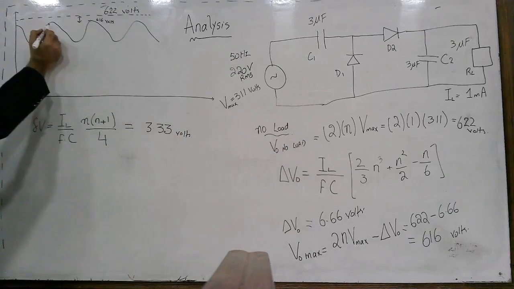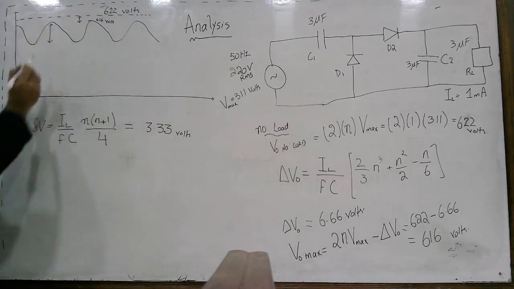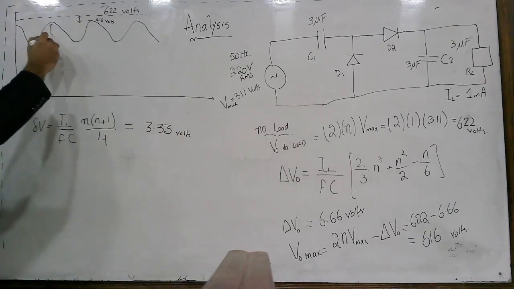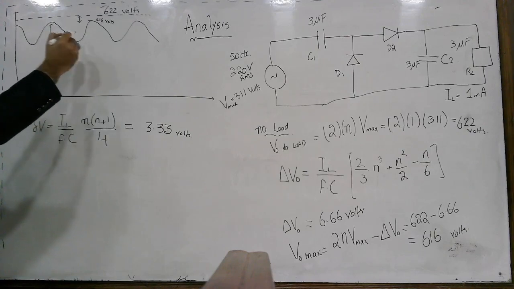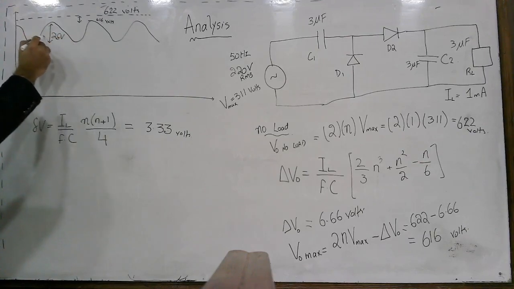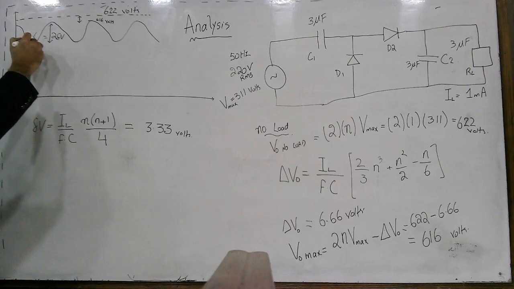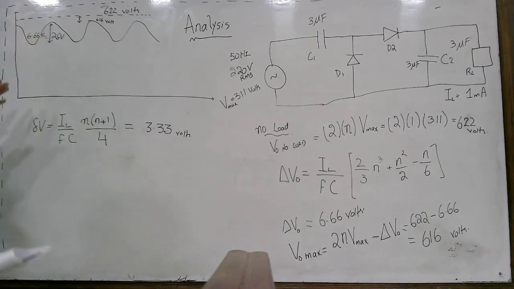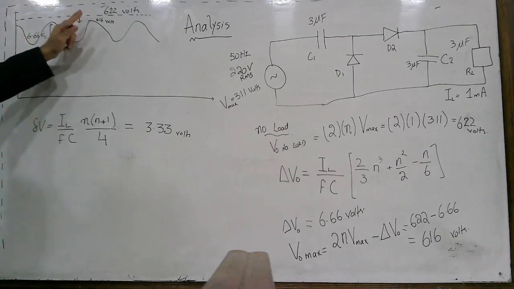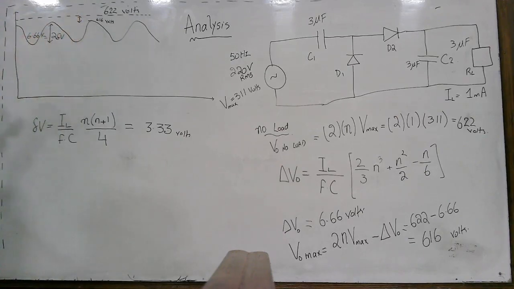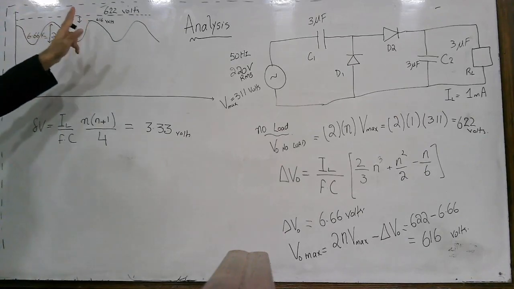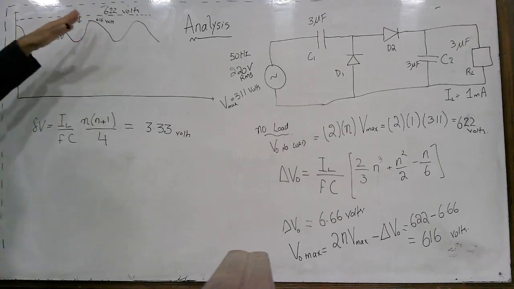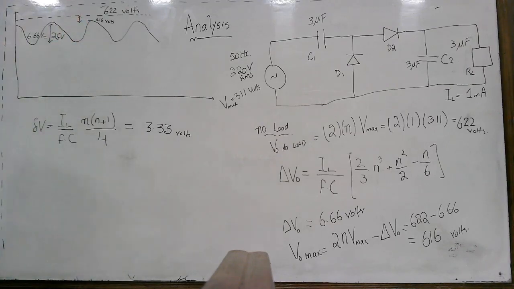The peak to peak ripple is just twice of that, because this is 2 del V, and it is 6.66 volts. Interestingly, it was also 6.66 and here it is also 6.66. They are not necessarily equal, but in this scenario it is equal.